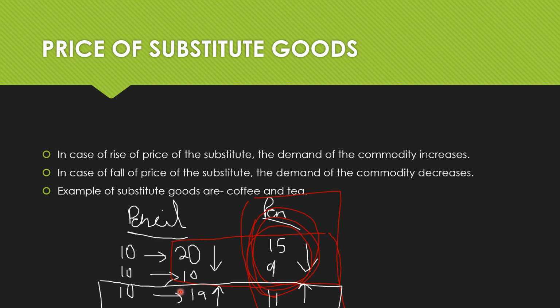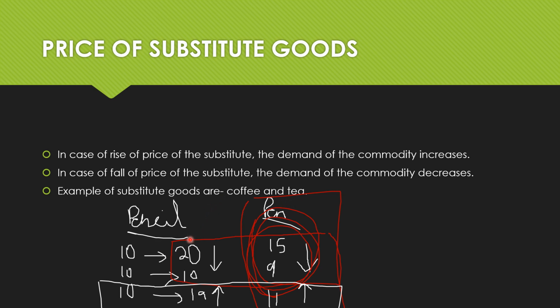Now, if I bring the topic of substitution effect, in substitution effect we were checking the relative price. We are talking of how the relative price of pencil is impacting the demand of pencil, right? Here we are talking of how the price of pen is impacting the demand of pencil. I'll repeat this point again.